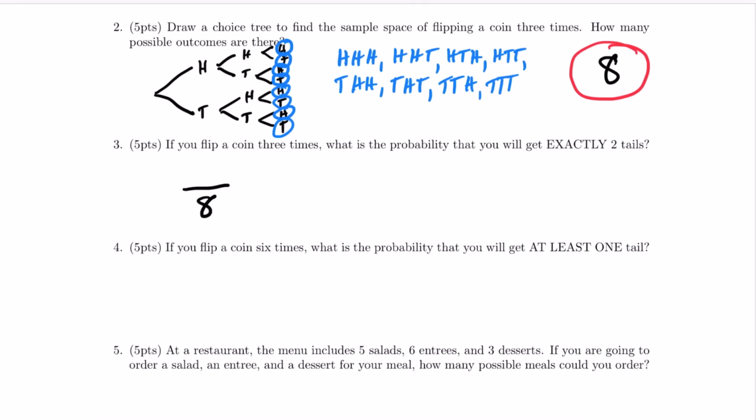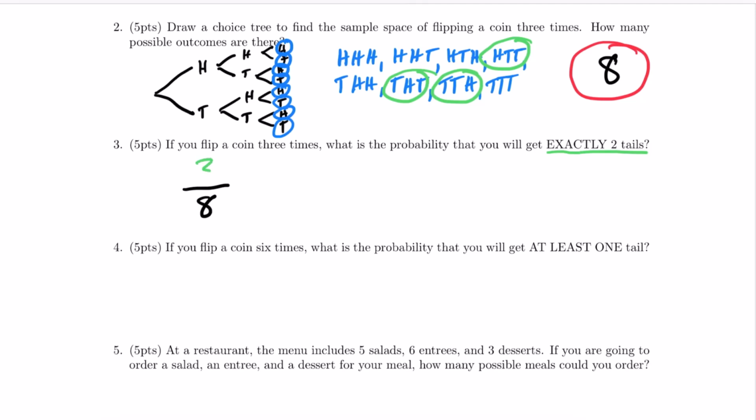Out of those 8 outcomes, we want 2 tails, not 2 heads. Let me fix that. So we could have this outcome, or this one, or this one. Those 3 outcomes are the outcomes where you have exactly 2 tails.